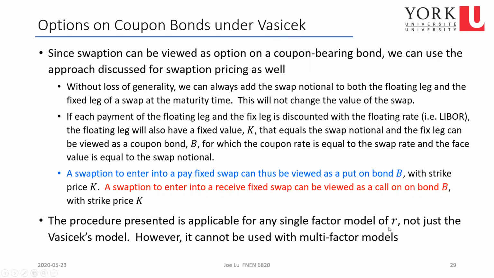As long as you have a closed form solution for options on zero coupon bonds, you can use the approach presented earlier to turn that into a closed form solution for options on coupon bonds, and also a closed form solution for swaptions, where options enter into swaps as well.